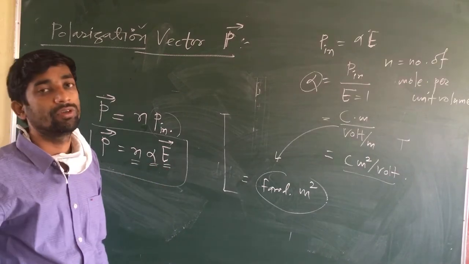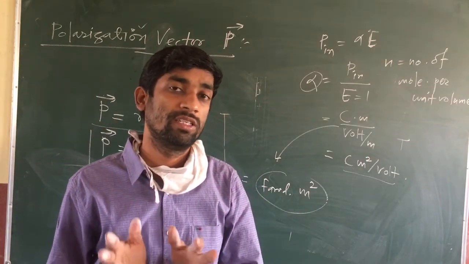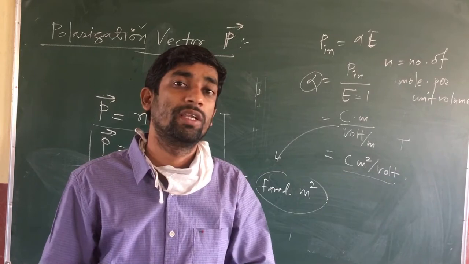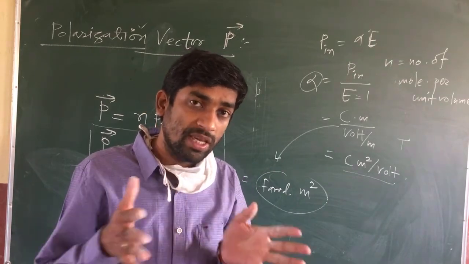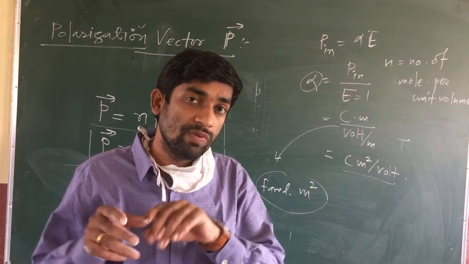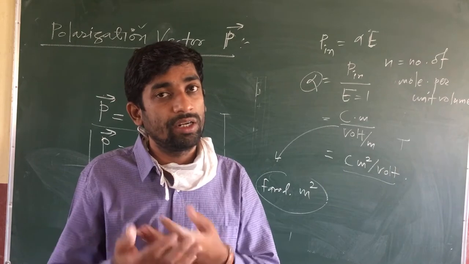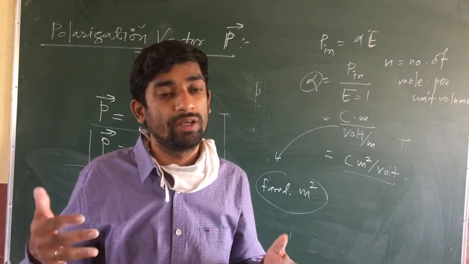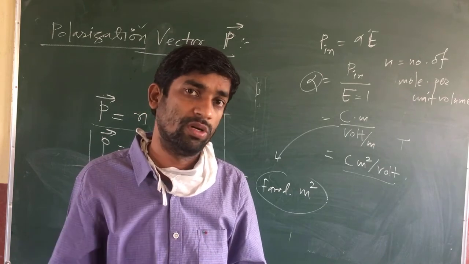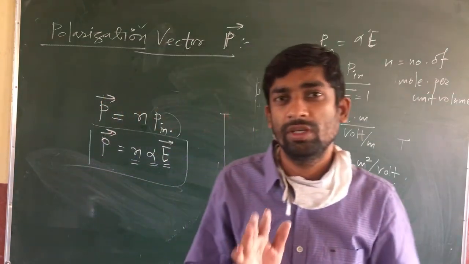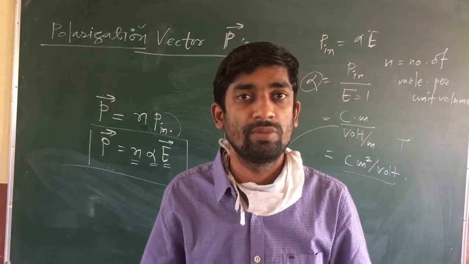Simply, polarization means that when a dielectric material consisting of dipoles is placed in an external electric field, these dipoles get oriented in the direction of the field, and if the electric field is more, more dipoles get oriented, and the polarization is more. In the next lecture we will learn about the types of polarization.